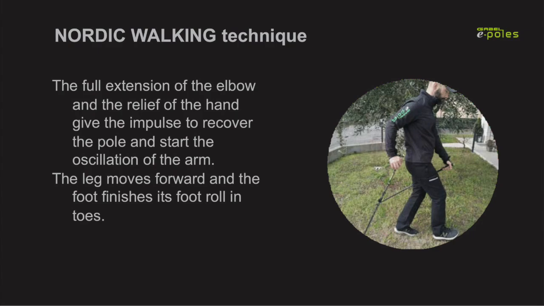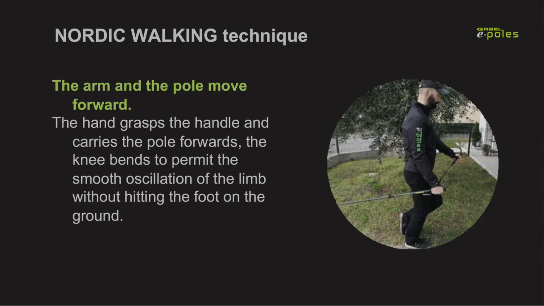The left leg moves forward, and the foot finishes its foot roll on its toes. The arm and the pole on the right side move forward. The hand grasps the handle and carries the pole forward. The knee bends to permit the free oscillation of the limb without hitting the foot on the ground.